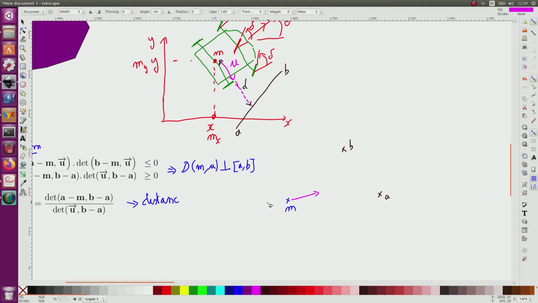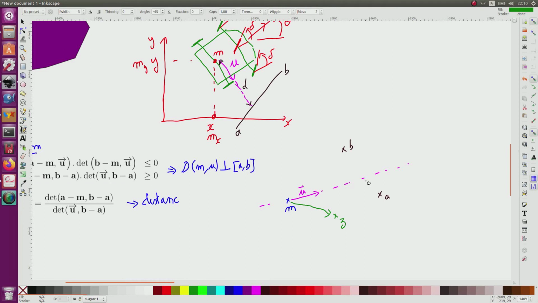So we need to understand for this that the point M and the vector U define two half-planes. So this half-plane, if I call a point Z, this vector is on the right of U.